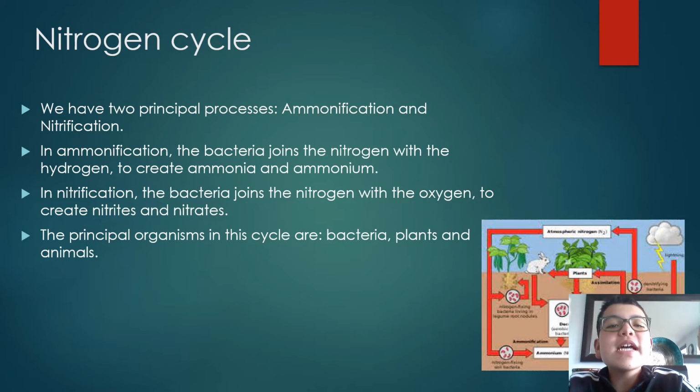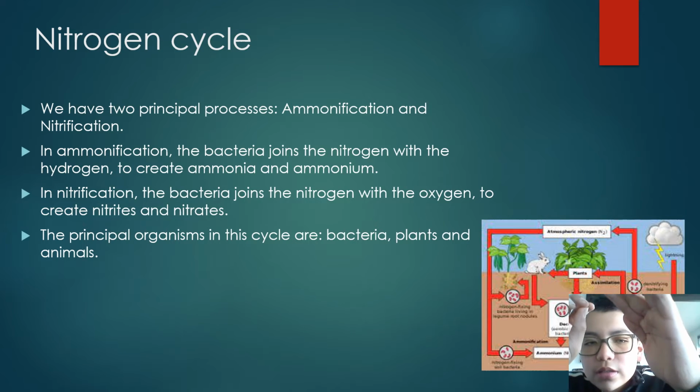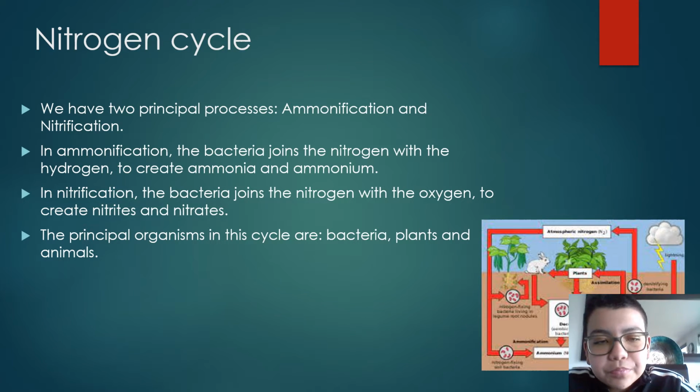Well, we have here the nitrogen cycle. It's important to say that it has two principal processes, the ammonification and the nitrification. In ammonification, the bacteria joins the nitrogen with the hydrogen, NH2, NH3, NH4, and with these joins we have ammonia and ammonium. Now, in nitrification, the bacteria joins the nitrogen with the oxygen.